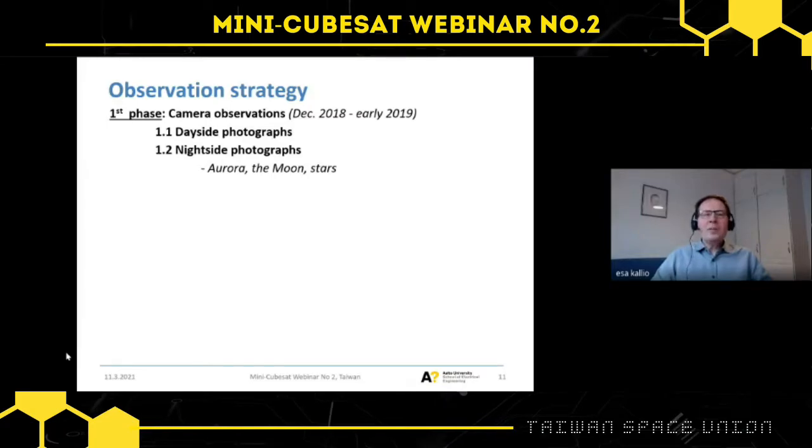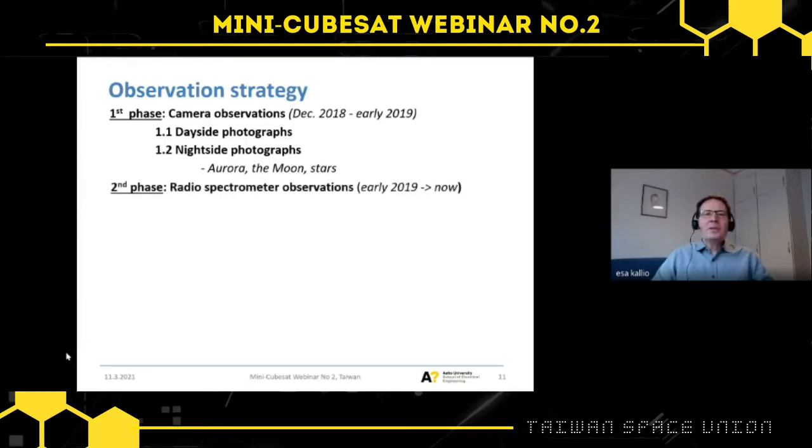I will show a couple of examples of our photographs a little later. But our main goal is to use the camera on the night side, especially to photograph auroras. I will also show an example of night side photographs. We also sometimes see the moon and stars, and I will show those examples later. But our main research instrument was the radio spectrometer.